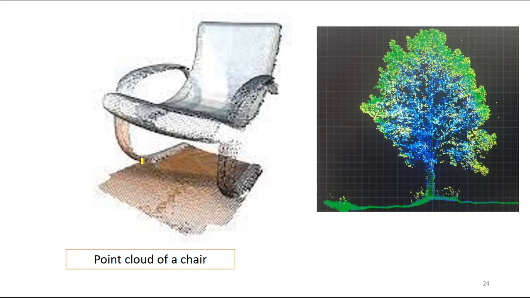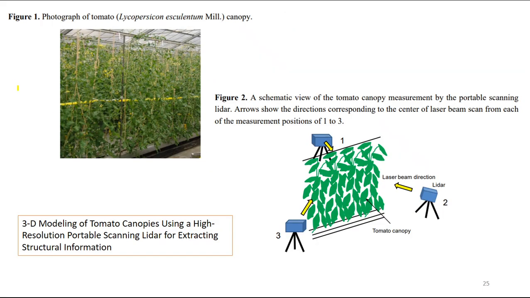So here is an example showing the point cloud of a chair and a point cloud of a tree. Here is an example of research to create a 3D model for a tomato canopy using a portable scanning LiDAR.